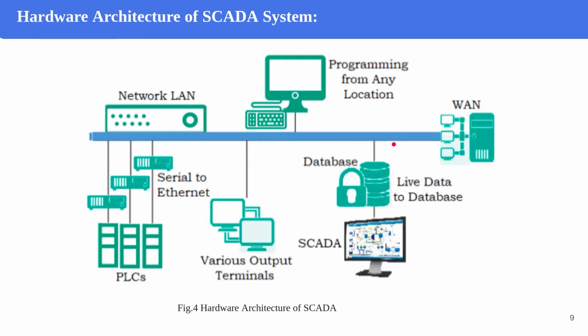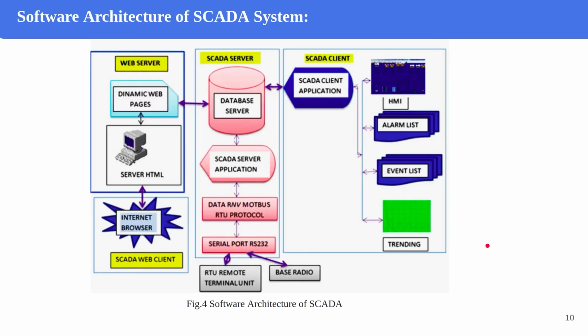The SCADA system uses a local area network or wide area network. The WAN and LAN use internet protocols for communication between the master station and devices. The physical equipment like the sensors connected to the PLCs or RTUs are considered in this hardware architecture. All of the hardware components that we talked about are included in it.